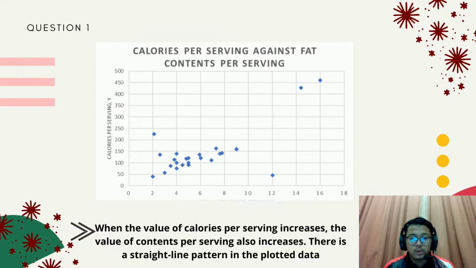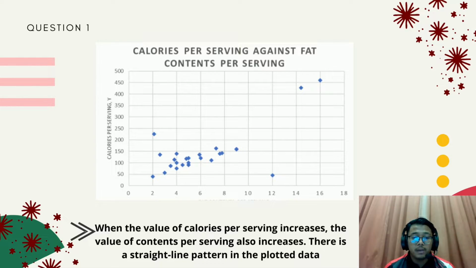For the first question: create a scatter plot of this data between fat content and calories and describe the relationship. As we can see, I already included the data of calories per serving and fat content per serving on this slide.